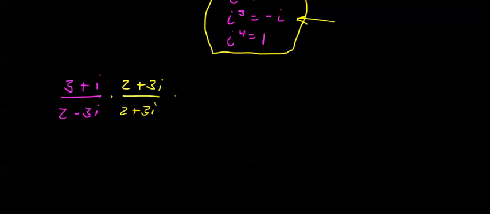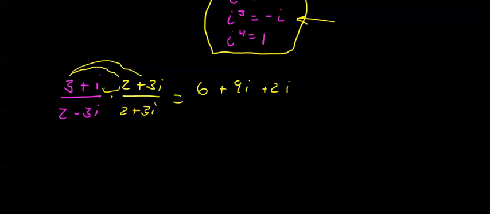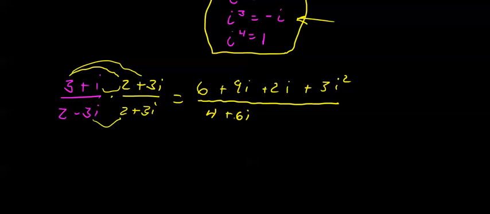Then we do binomial multiplication. 3 times 2, 6. 3 times 3i, we get 9i. And then 2i. And lastly, i times 3i is 3i squared. Over 2 times 2, 4, 2 times 3i, plus 6i, minus 6i, and we have minus 9i squared.